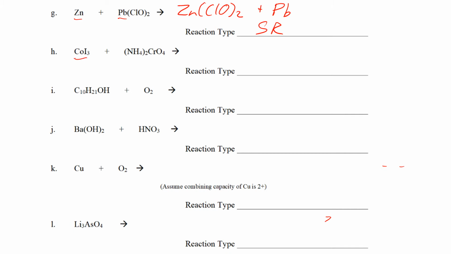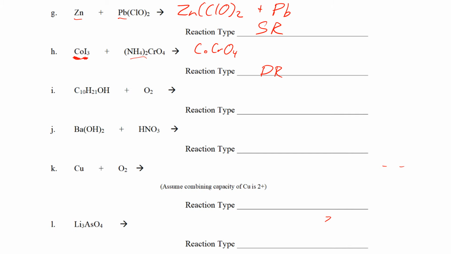Moving on, we have a compound right here plus another compound. So that's going to be a double replacement reaction. They're not acids and they're not bases, and so that's why it's double replacement. So this one right here for cobalt, the charge on cobalt is going to be 3 plus. I know that because iodine has a 3 next to it. So we're going to write here cobalt is going to be Co and then CrO4.